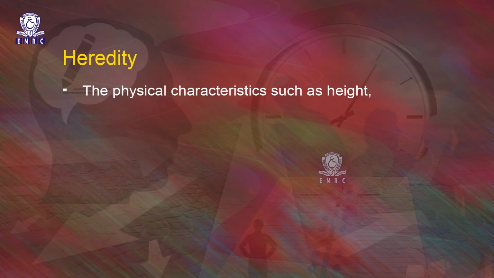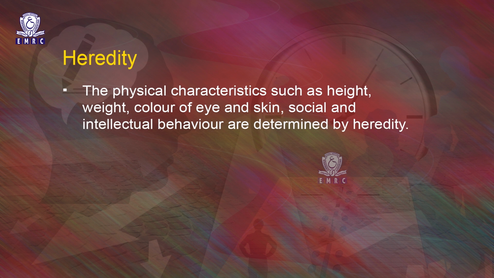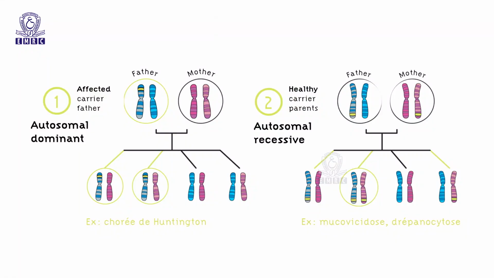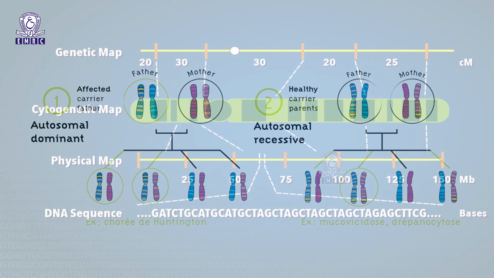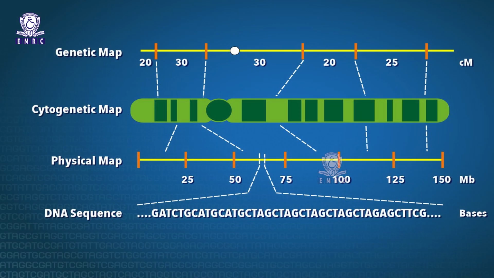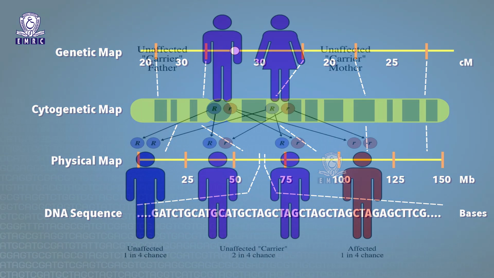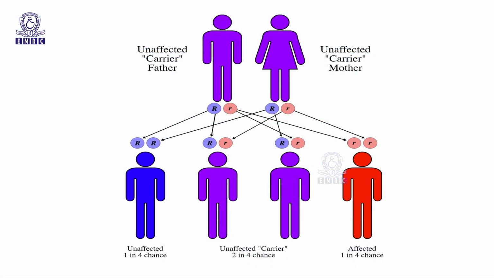Physical characteristics such as height, weight, color of eye and skin, and social and intellectual behavior are determined by heredity. Differences in these characteristics are due to the change in the genes transmitted. Fraternal twins also differ from each other because they are born out of different genes. However, we find more resemblances in identical twins because they are born out of a single zygote, that is, monozygotic.